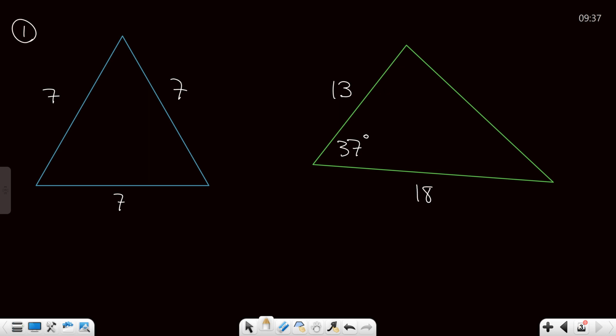So we'll call this problem 1. We'll call this problem 2. Find the area of both of those, the blue and the green triangle.